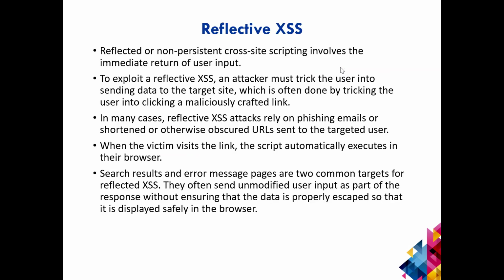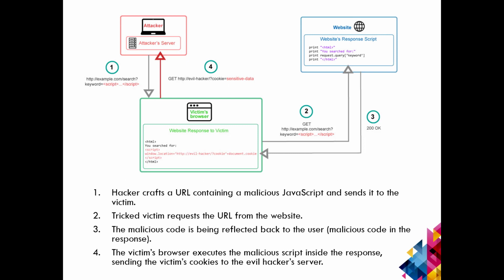The second one is reflective cross-site scripting. It is non-persistent. It involves the immediate return of the user input. Let's take a look at the process. This is different from the first one, where the hacker crafts a URL containing malicious JavaScript and sends it to the victim. In stored cross-site scripting, hackers store the malicious JavaScript inside the server, but now it is not.